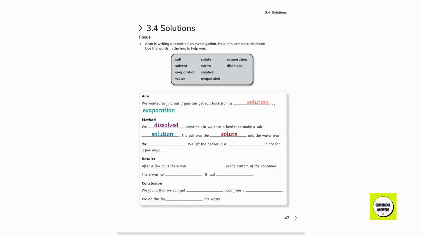The salt was the solute and the water was the solvent. We left the beaker in a warm place for a few days. After a few days, there was salt in the bottom of the container. There was no water, it had evaporated. Conclusion. We found that we can get salt back from a solution. We do this by evaporating the water.